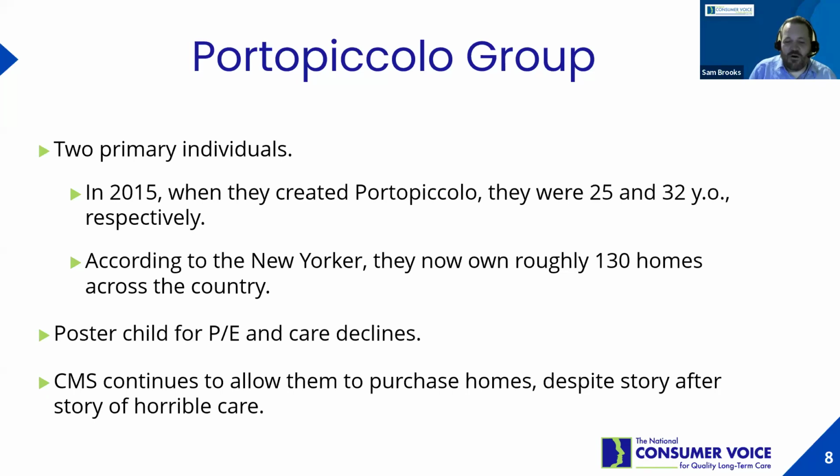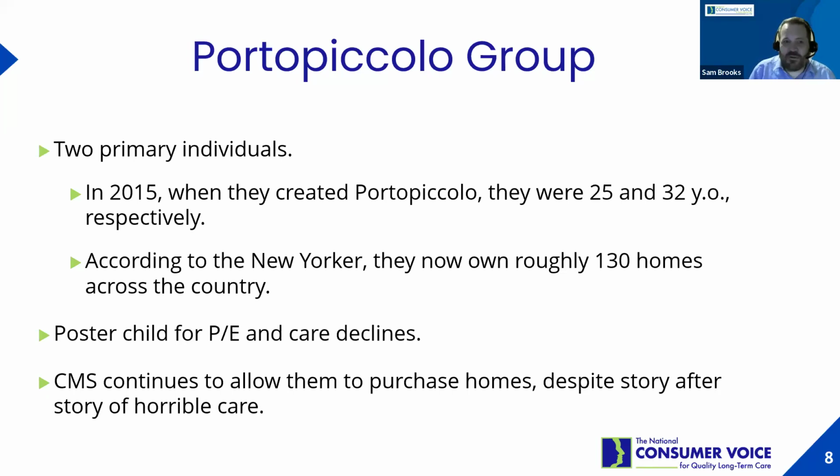Nevertheless, over the several years and up to now, they've acquired roughly 130 homes. And when you look at the quality of the homes, care declines significantly once the homes are purchased. They often purchase homes that are struggling or on the verge of failure, but nevertheless, the care even manages to get worse after they purchase them.